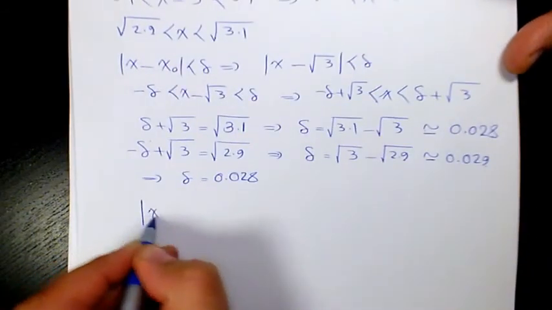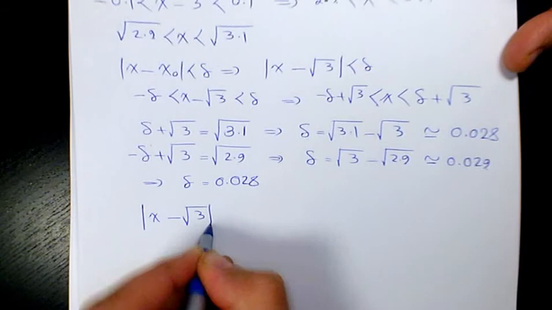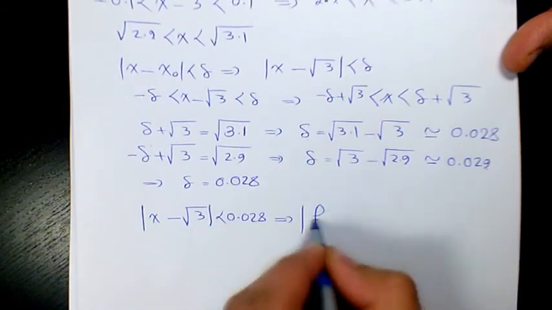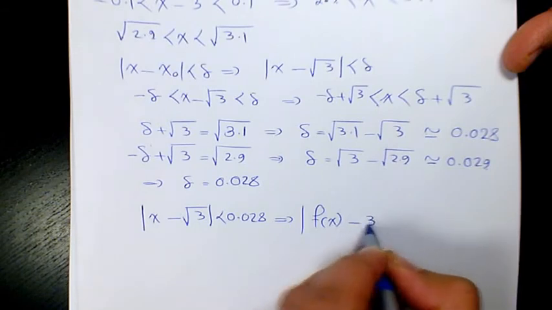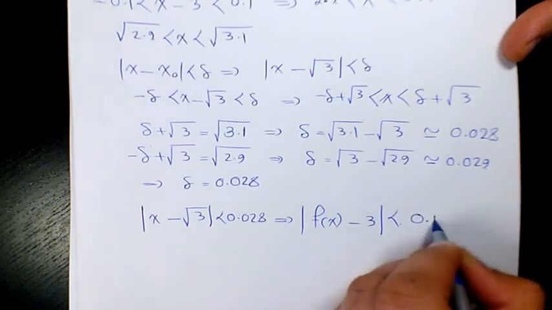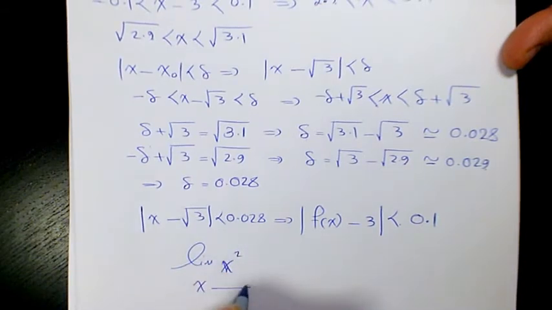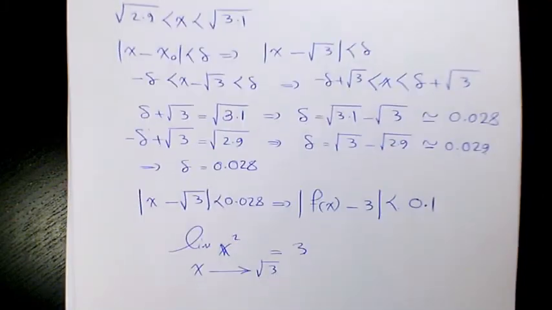And then we can say that if x minus root 3 is less than 0.028, we can conclude that f of x is close enough to 3 because it's less than 0.1. So the limit of f of x, which is x squared, when x is approaching root 3, is equal to 3.